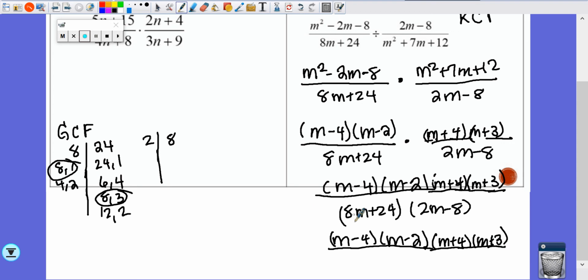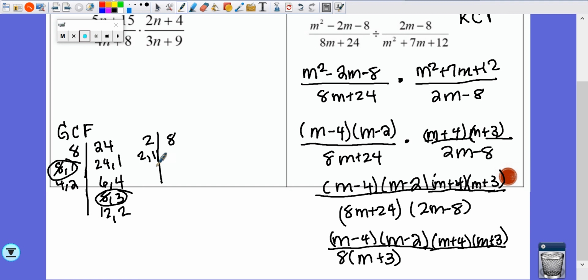Okay, so here, if 8 is the greatest common factor, then here you get 8m. If I take out the 8 here, the 1 is left, and if I take out the 8 for the 24, the 3 is left. So that's what I get there.